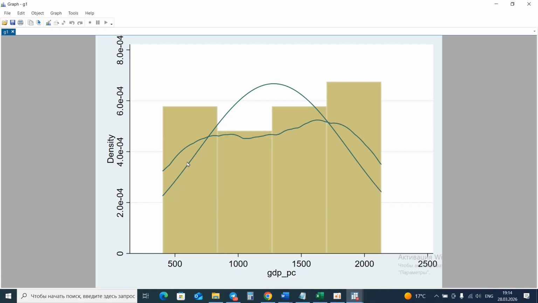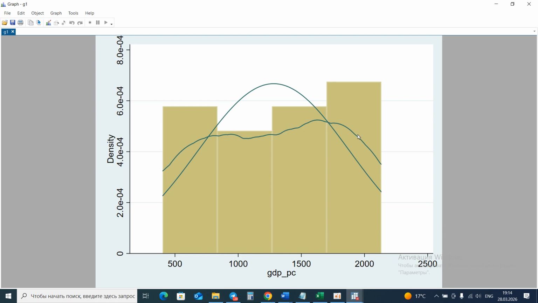And as you can see, this line is called a bell curve that shows the best or normal distribution of variables. And this line shows us the distribution that we have here.